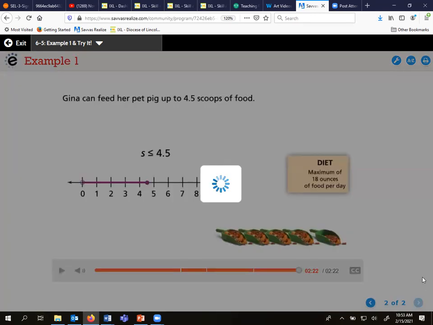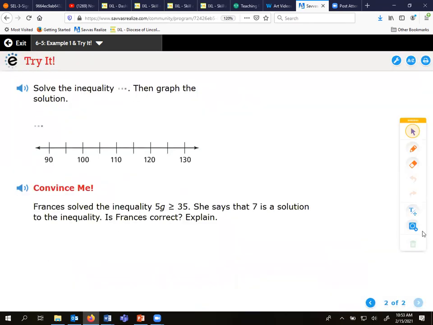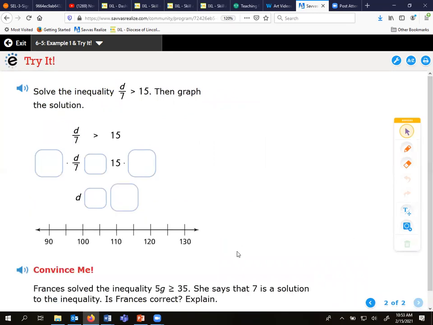Okay, so let's try one. Here we've got the inequality d divided by 7 is greater than 15. This is showing division. d over 7 is d divided by 7.